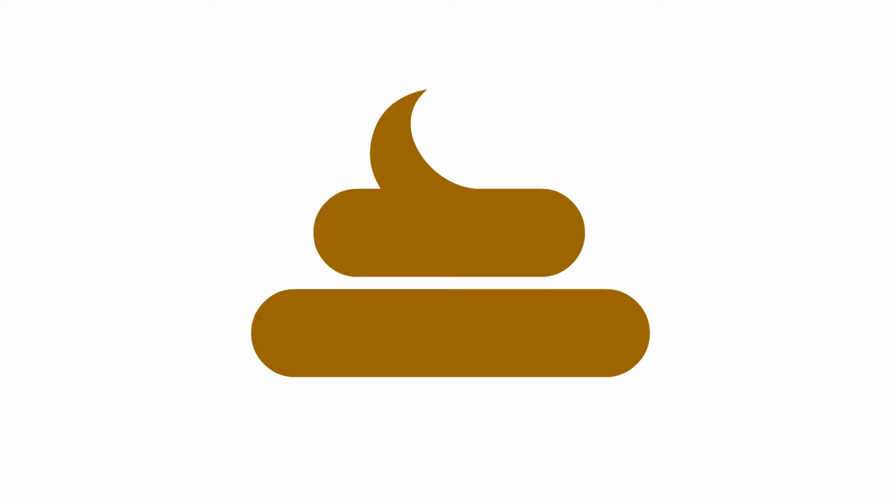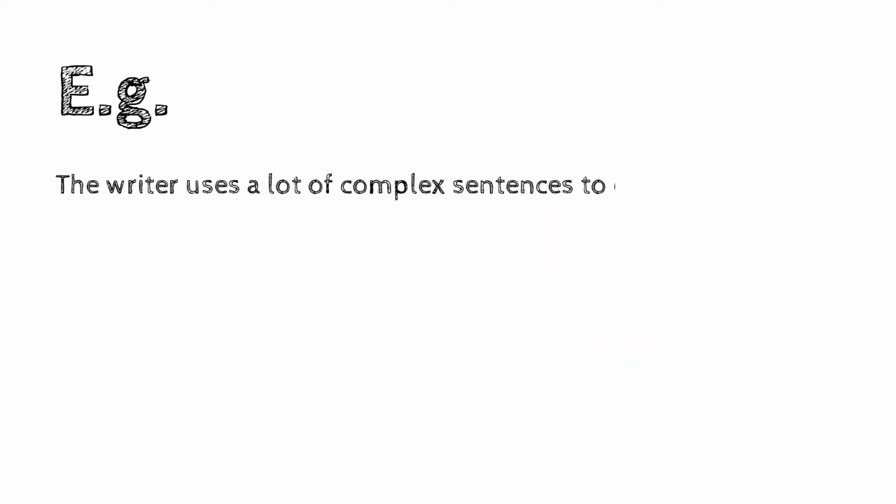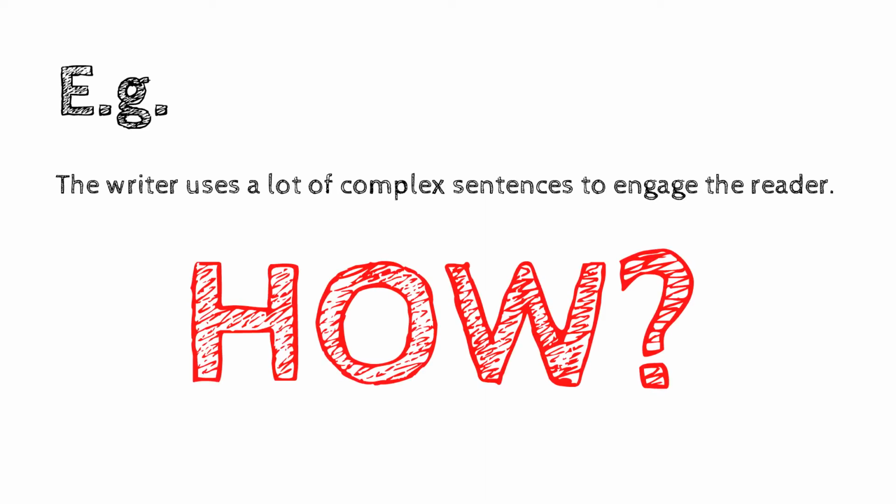The most common way students mess up their structure points is by making sweeping comments that don't really mean anything. For example, the writer uses a lot of complex sentences to engage the reader. How? You need to develop an analysis of how the complex sentences help to engage the reader.